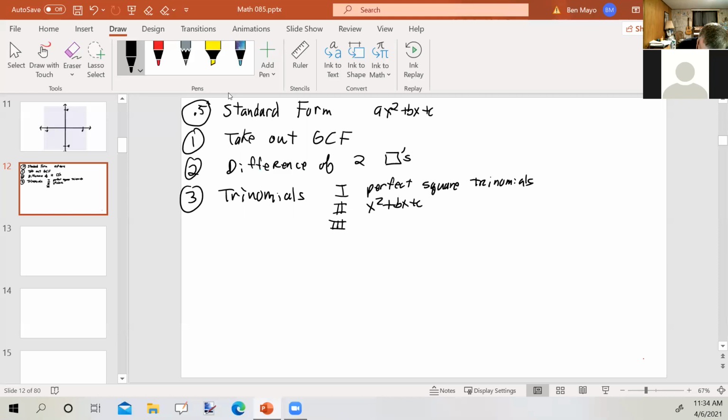Roman numeral 3 is factor by grouping or by, what is it, trial and check? I can never remember what this book calls it, because there's a guess and check, there's a trial and check. I think it's trial and check.